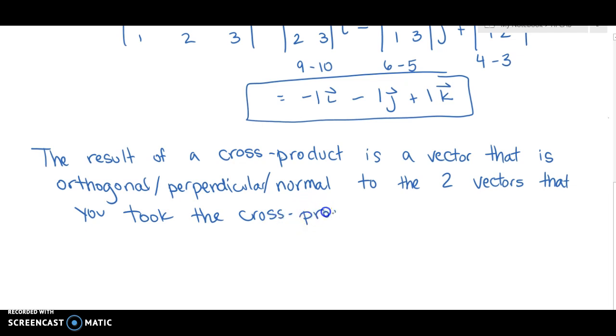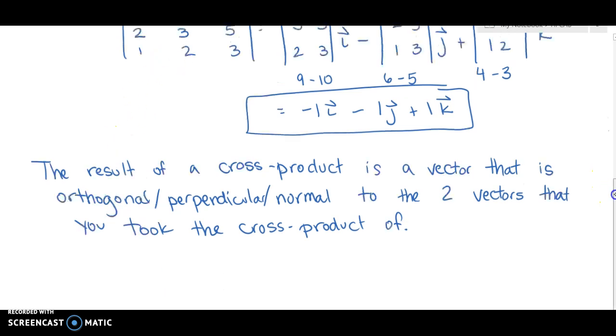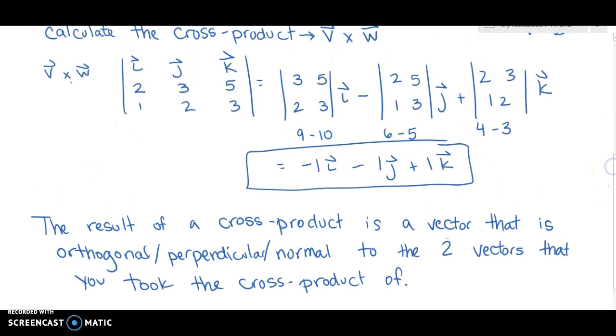When we did the cross product of v and w up above, we got this vector here. This vector is orthogonal to v, and it's orthogonal to w. So it's perpendicular to v, and it's perpendicular to w.